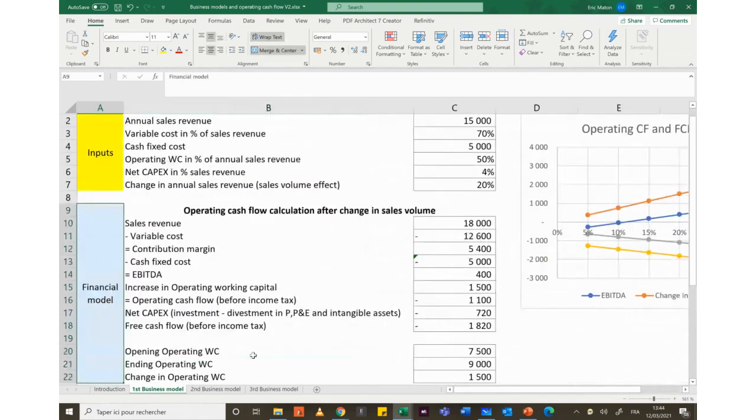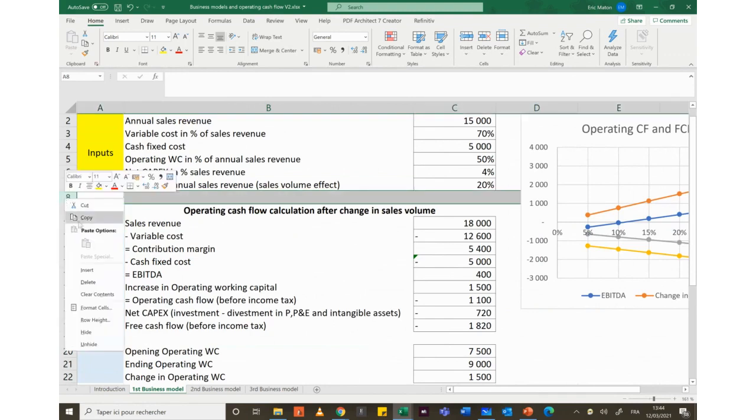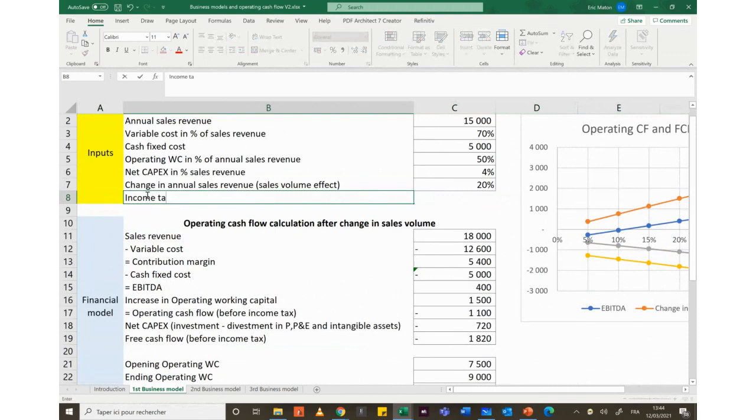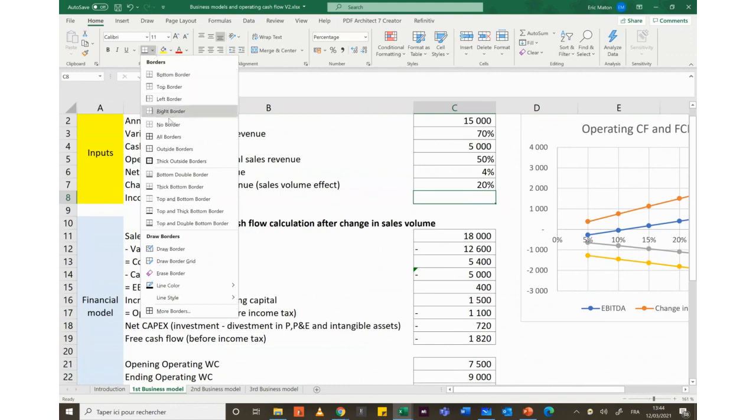If we want, we can introduce the impact of the income tax. So I can put new lines here and say we have the income tax rate. We can suppose, for instance, it's 20% income tax rate.